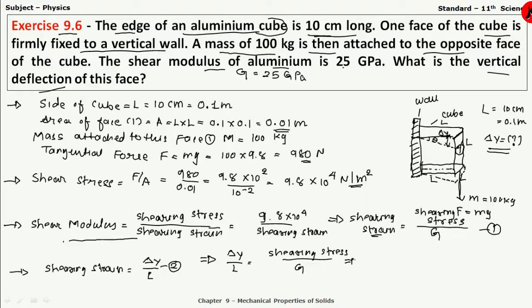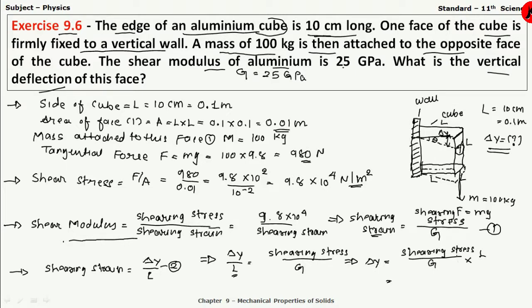So in the form of delta y, the equation becomes shearing stress divided by G into this length L, right. So this vertical deflection will be in terms of meter, because here we have the length L in the equation.